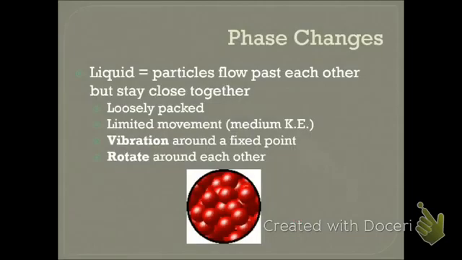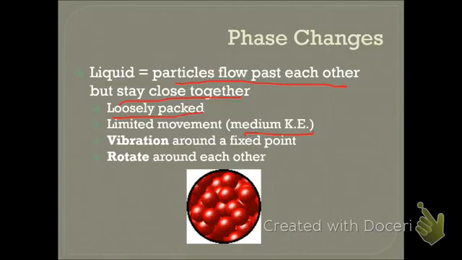When we look at a liquid, particles flow past each other. So there's some energy, but they stay close to each other. So they have enough energy to move a little more than solid, but they stay very, very close to each other. They are loosely packed. They have medium kinetic energy because they have a limited amount of movement.